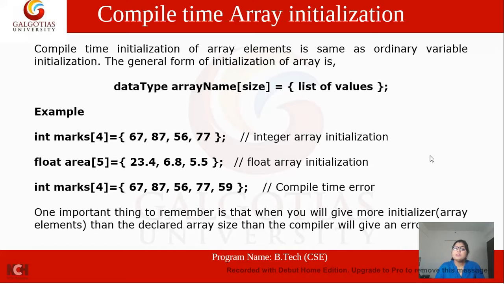But because we are initializing with 3 values, in the first, second and third positions we will have the values consecutively 23.4, 6.8, 5.5, and then in the 2 blocks for which we are not initializing anything, the values will be 0 and 0.